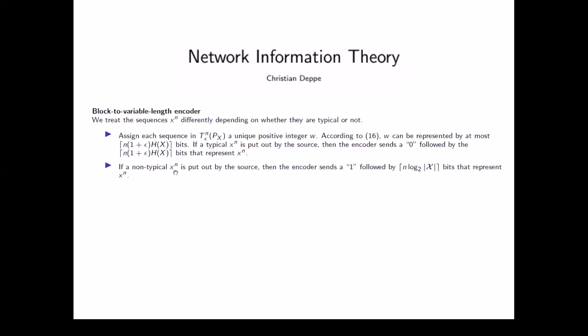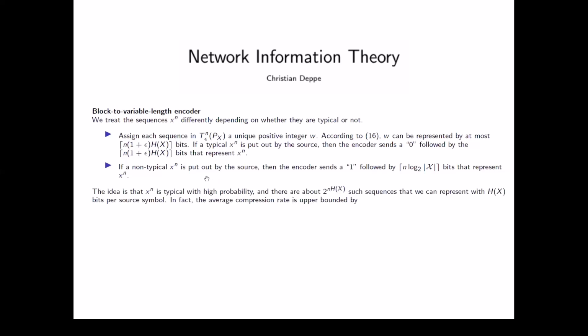So then we just use a binary representation of the source sequence. So the idea is that x^n is typical with very high probability. And we know that there are 2 to the n times the entropy of x such sequences, and we can represent them with n times entropy of x bits.